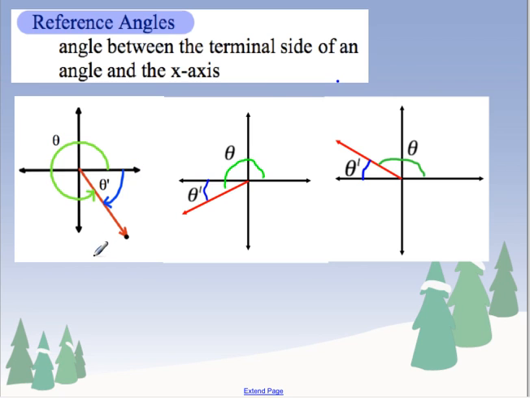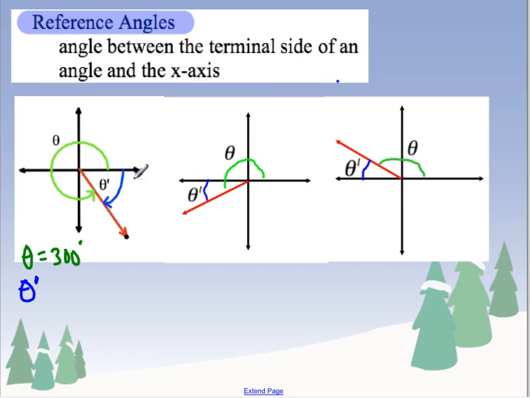So, for example, let's say that theta is 300 degrees. Let's go with that. If we want to find our reference angle, which is theta with a little apostrophe, how would I get that? Well, what would be this remaining part?